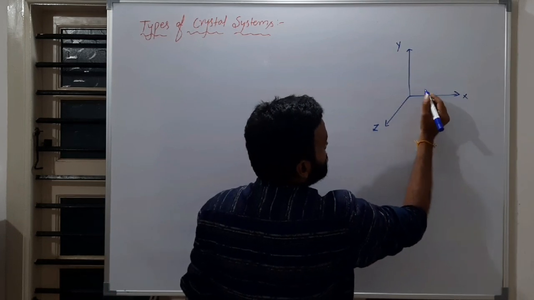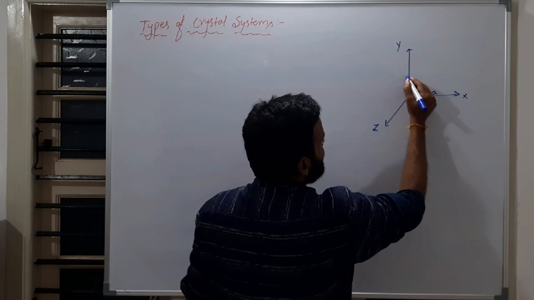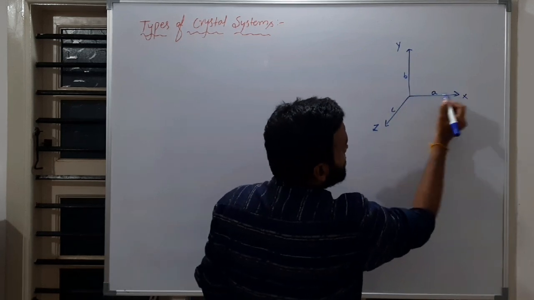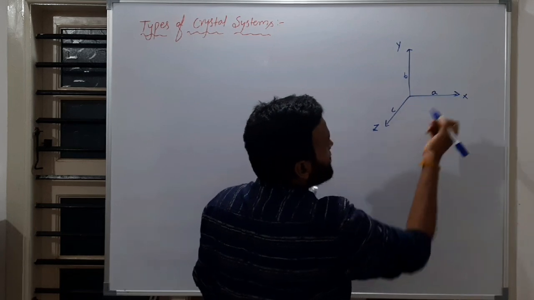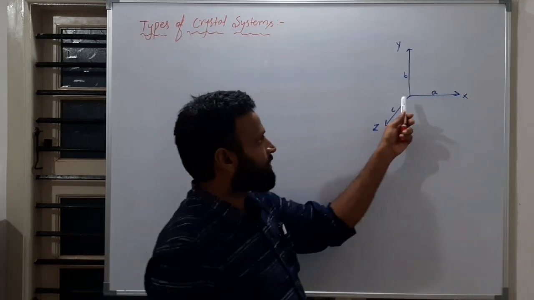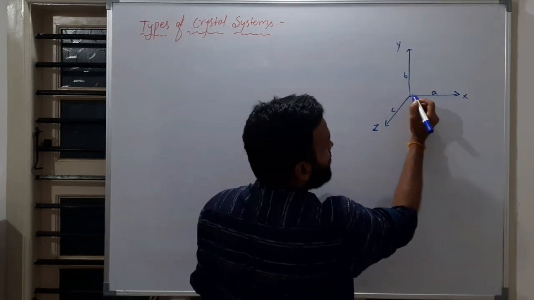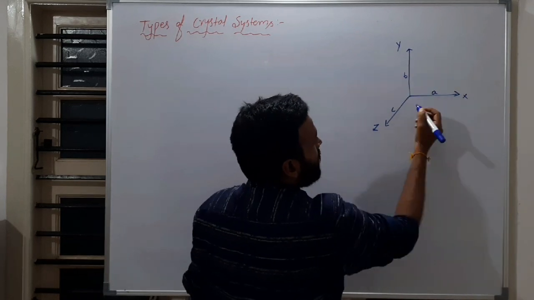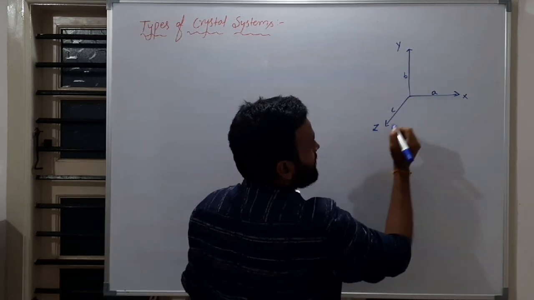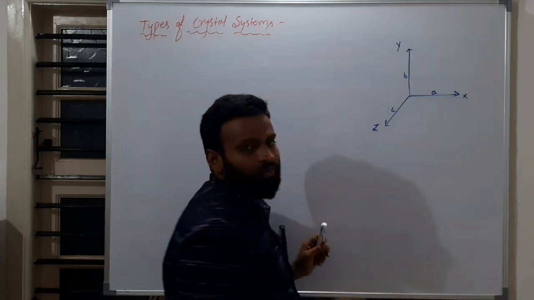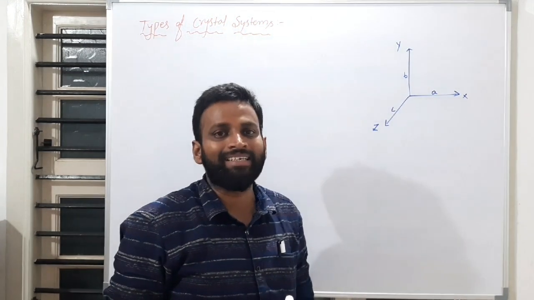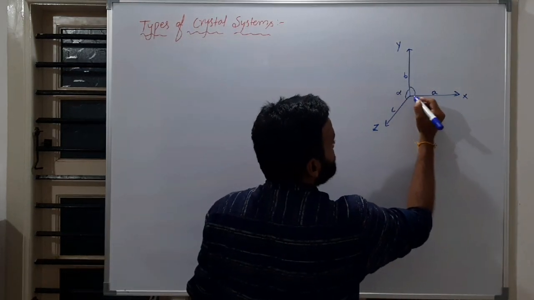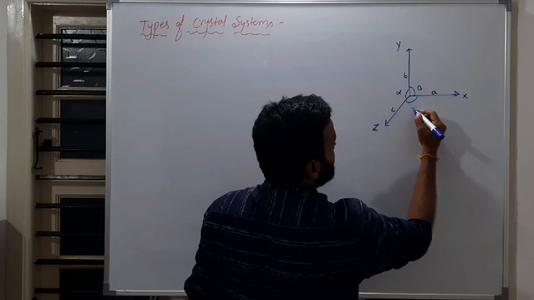And suppose A, B and C are the three bond distances or edge lengths. These edge lengths we call bond distance, or else edge length. Edge length is A, B or C, because three types of edges we will have in a particular cubic crystal like this. Okay, so here the angles are alpha, beta and then gamma like this.